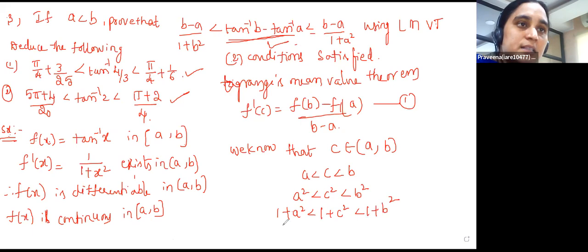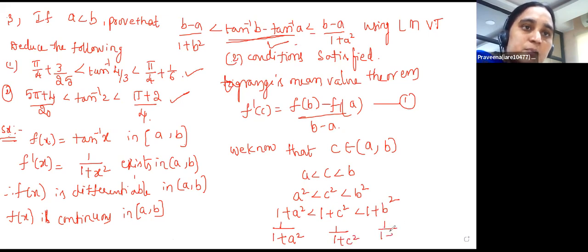After that, taking the reciprocal, 1 by 1 plus a square, 1 by 1 plus c square and 1 by 1 plus b square. When taking the reciprocal, less than becomes greater than, so 1 by 1 plus a square is greater than 1 by 1 plus c square, which is greater than 1 by 1 plus b square. The middle term is 1 by 1 plus c square.